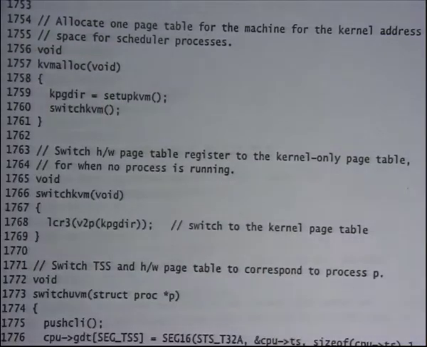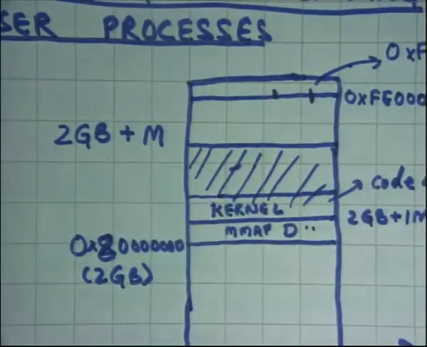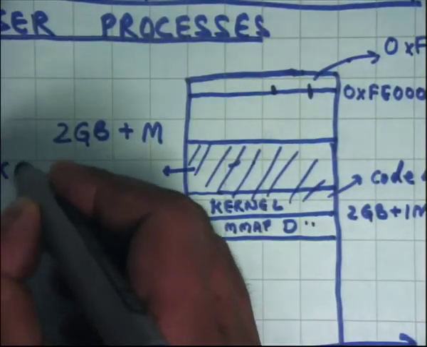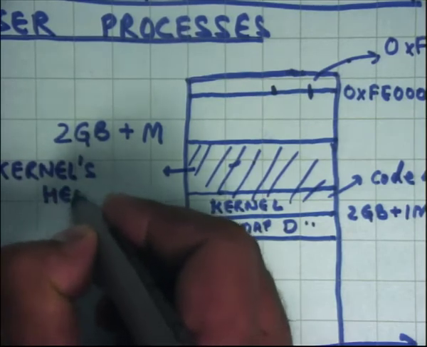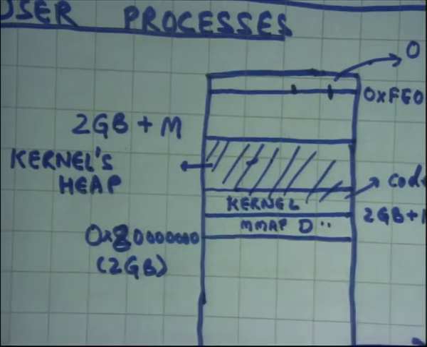So it's going to initialize a page directory. Where is it going to get the pages for this page directory? From its heap, right, from all this area that we discussed, this extra area, this is the kernel's heap. So it is going to allocate a page directory from here, and it is going to initialize it, and it is going to return a pointer to the page directory, okay.